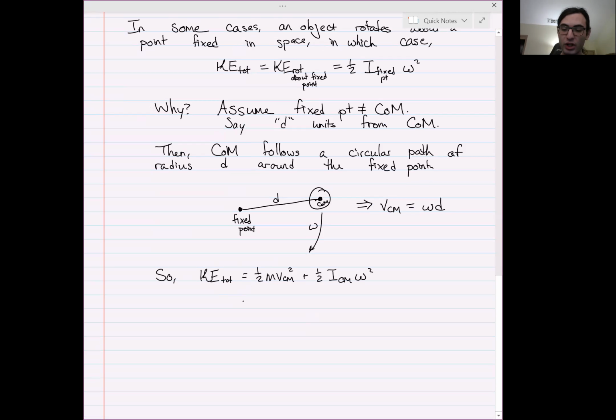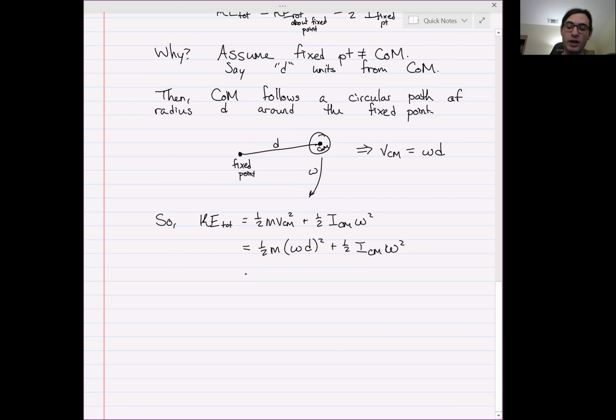We know what v_cm is, right? It's 1/2 m times (omega d) squared plus 1/2 I_cm omega squared. We can factorize this and get 1/2 times (m d squared plus I_cm) omega squared. The important point is that this is the moment of inertia about the fixed point, and that comes from the parallel axis theorem.